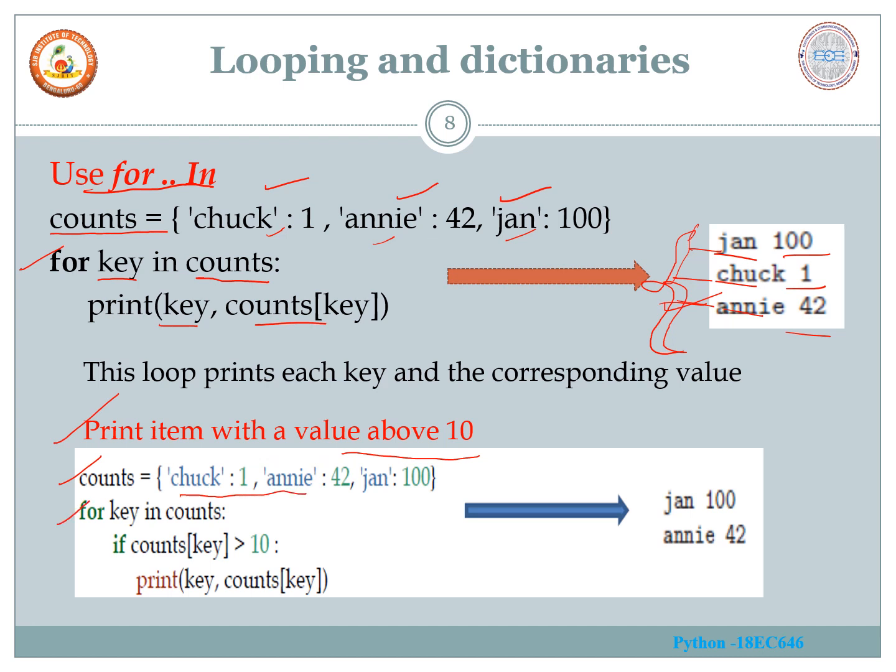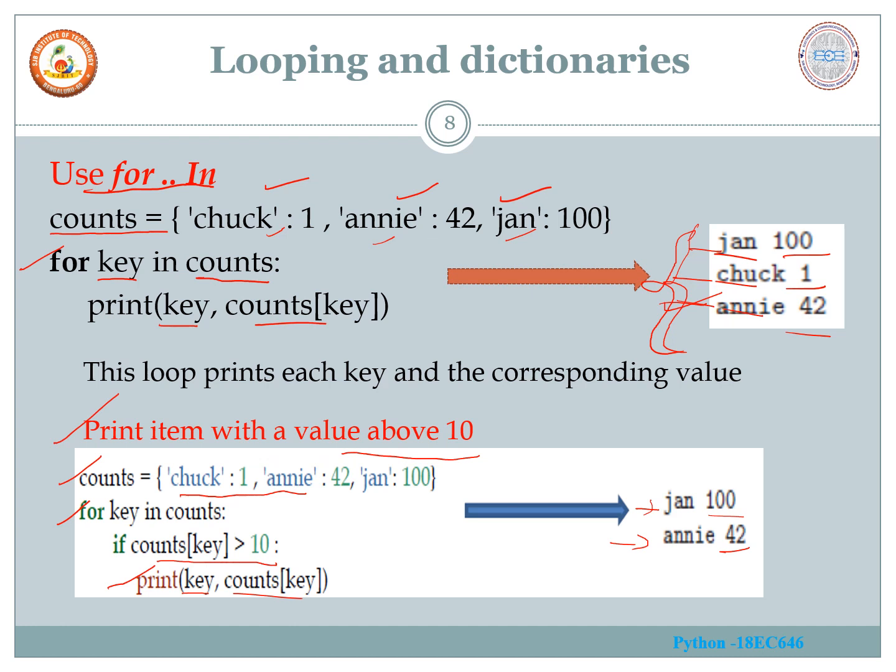For each key in counts, you check a condition for whether the key's value is greater than 10. If the value is greater than 10, it prints only those keys with values greater than 10. In the result, you can see only Jan and Annie, whose values are greater than 10. So it prints only those values which are greater than 10. Okay, so this is what we can see: only the entries with a value above 10.